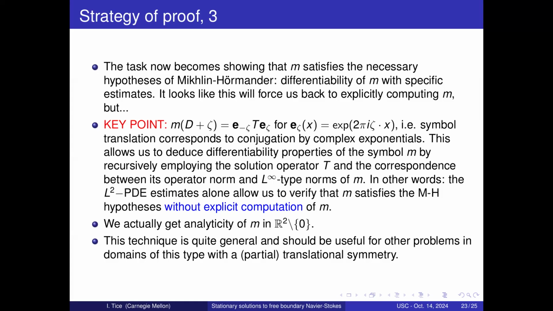And you can actually iterate this and prove that not only do you get differentiability of the symbol M, but you get analyticity of the symbol M away from the origin. And not only do you get that, but you get the estimates that you need in order to prove Mikhlin-Hörmander. And you get all of this for free, without ever having to compute the symbol itself, just based on the L2 estimates for the operator T.